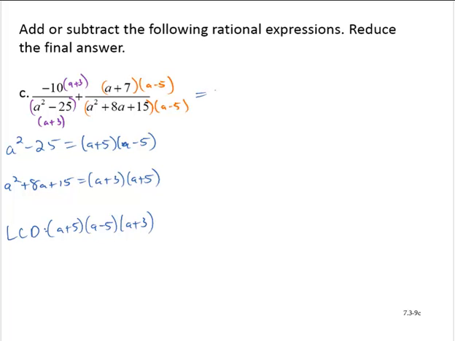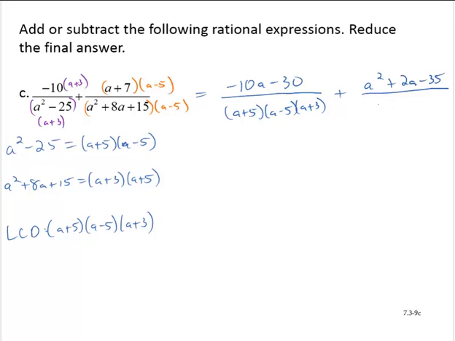All right, so equivalently, I have negative 10 times a plus 3 is negative 10a minus 30 over the common denominator, which I'll write in its factored form as a plus 5, a minus 5, a plus 3. The second fraction, using FOIL, gives me a numerator of a squared plus 2a minus 35, again over the common denominator, a plus 5, a minus 5, a plus 3.